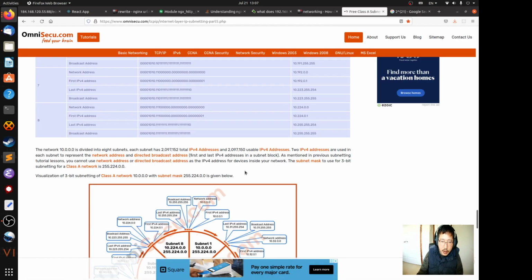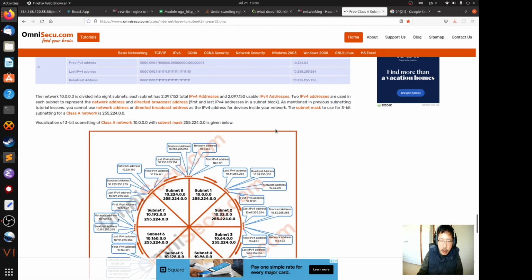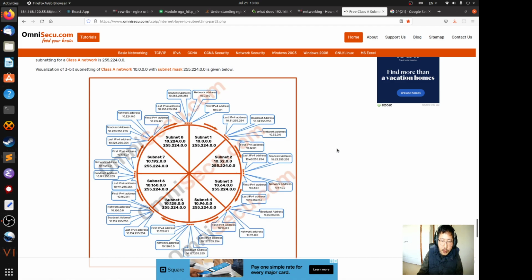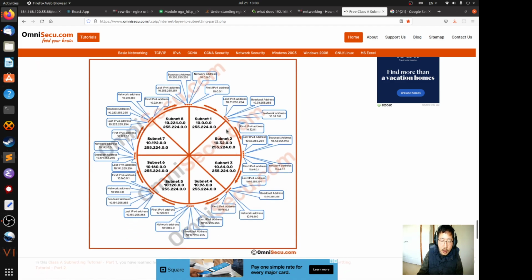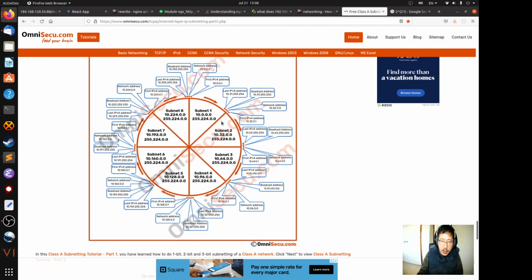And from that, the usable ones is minus 2. And you know why? It's because those 2 are reserved. Remember the first one is the network address and the last is the broadcast address, and that is true for each subnet.